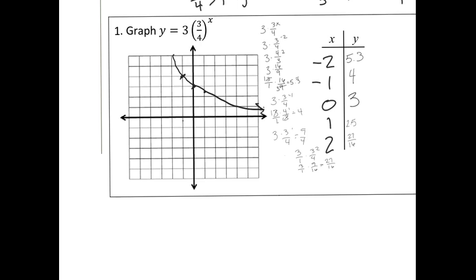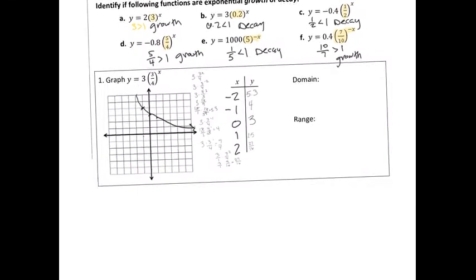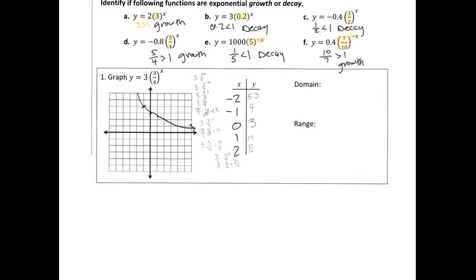Okay, and then you can also notice here on your table how the bigger x is getting, the smaller those y values are getting. Okay, so the domain for your exponential function is still all real values, because it's going to be any x value. You put any x value in there, your y value is just going to keep getting smaller, and in this case y is anything greater than 0.